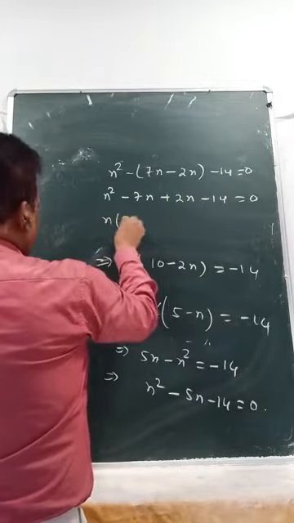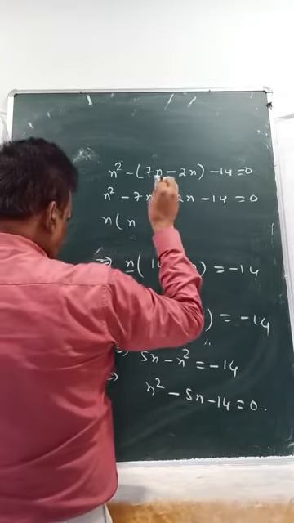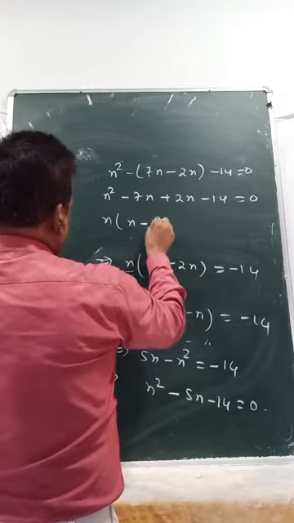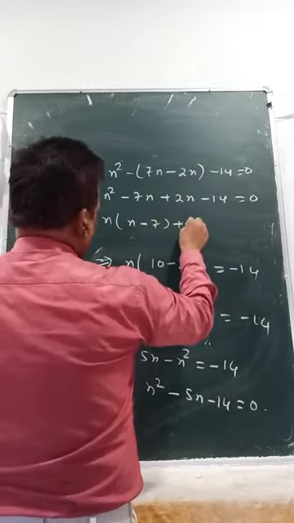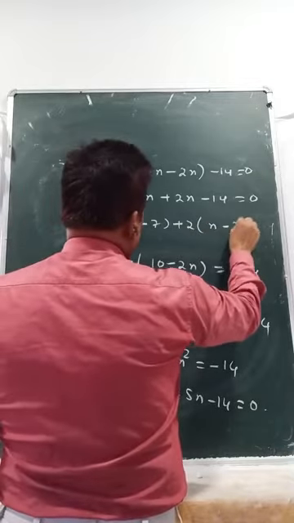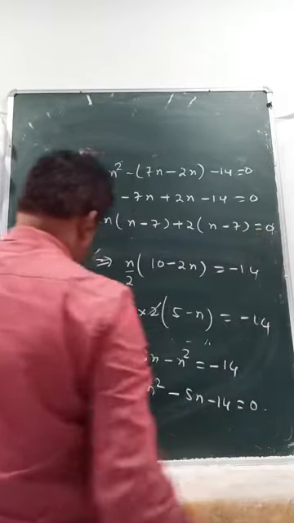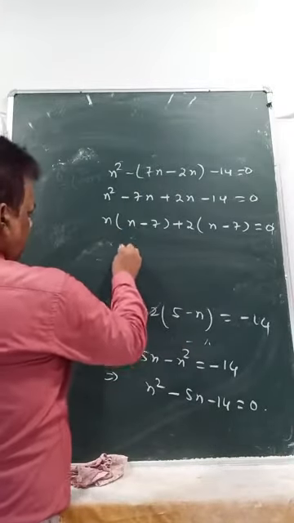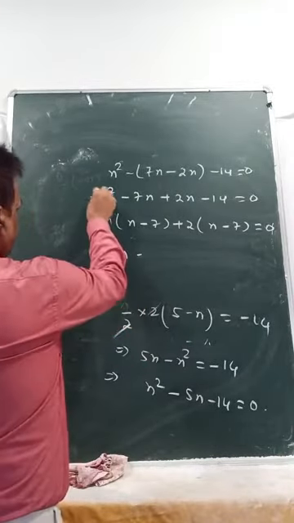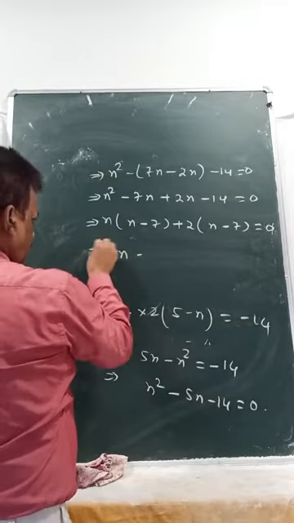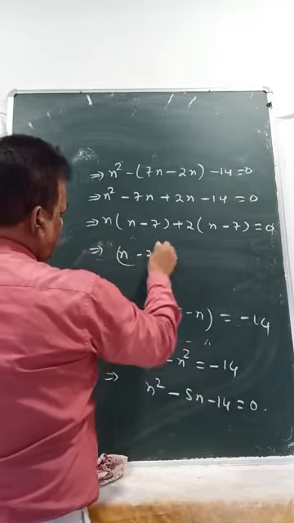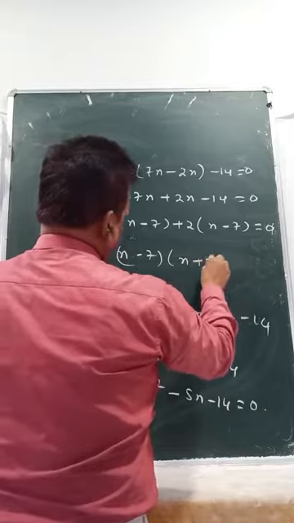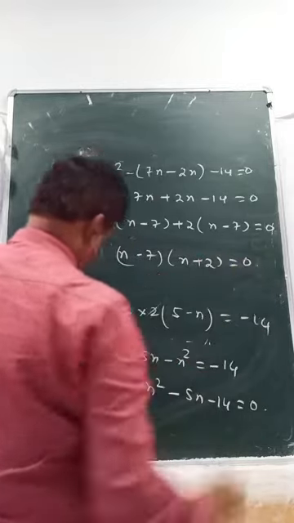So n common, n minus 7 plus 2 common, n minus 7 equals 0. So n minus 7 common, n plus 2 equals 0.